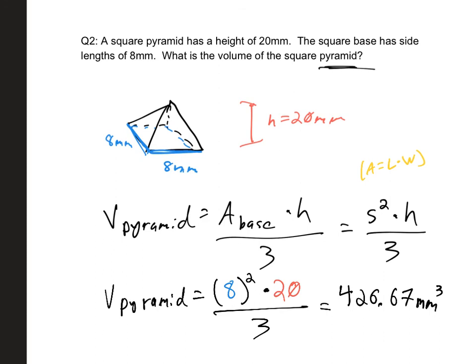So you can see that the real difference in finding the volume of a pyramid versus the volume of a prism is just that we're going to have this division by 3 when we finish calculating our numerator. So that's an overview of finding the volume of a pyramid or the volume of a cone.